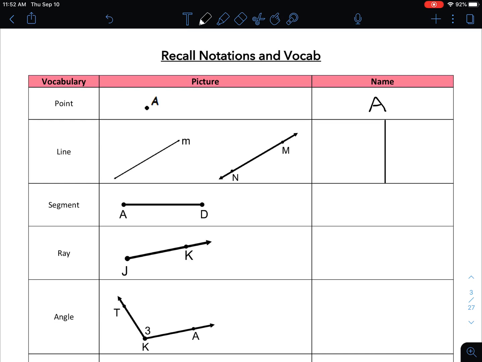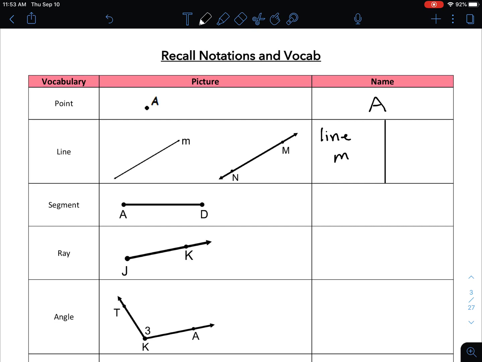Pretty simple. Now lines, you kind of have two different scenarios, and I've got those here for you in the picture. Scenario one is you might have a line that's named by a lowercase letter. In which case, we would just write that out as line n. Now, in some cases, your line is going to have a couple of points on it. This is your second scenario.